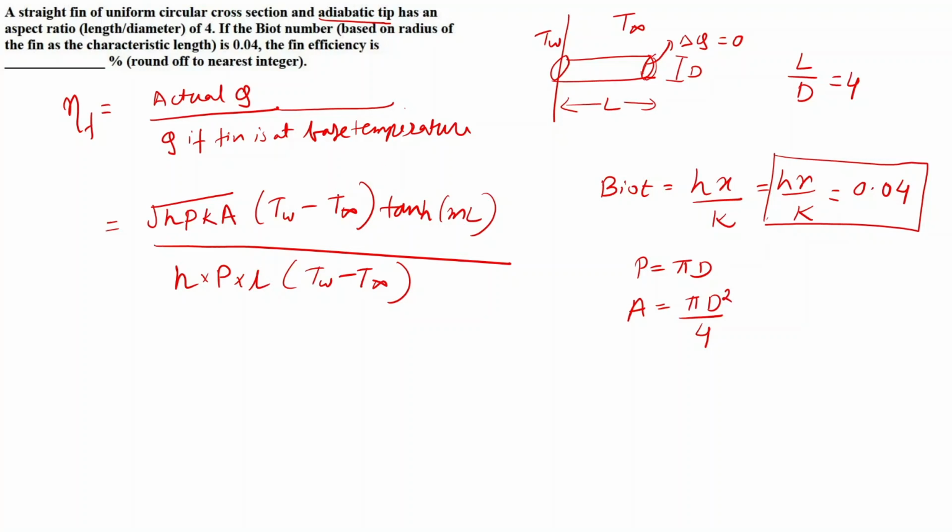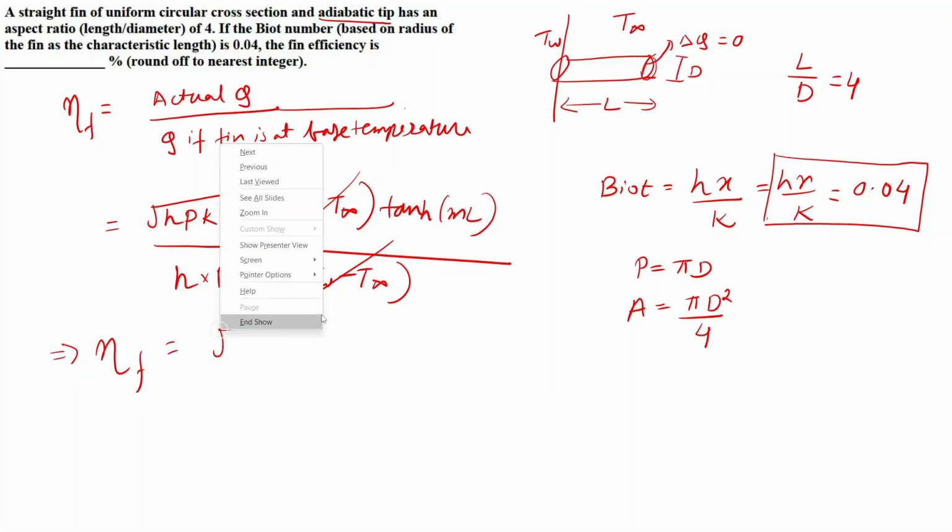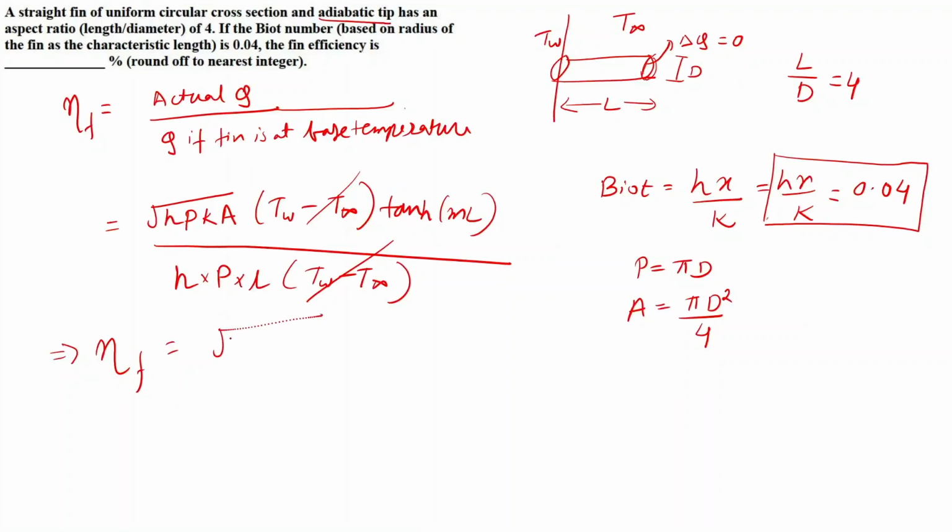From here you can just cancel these terms. Fin efficiency will be given as under root of HPKA upon HPL, times tanh ml.